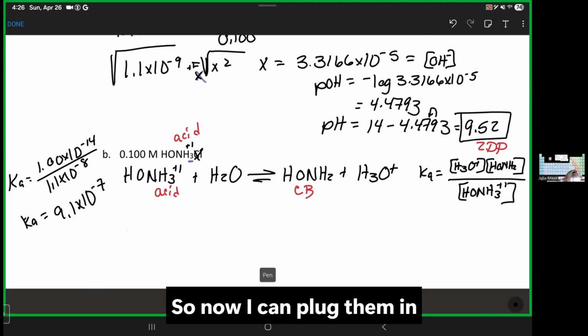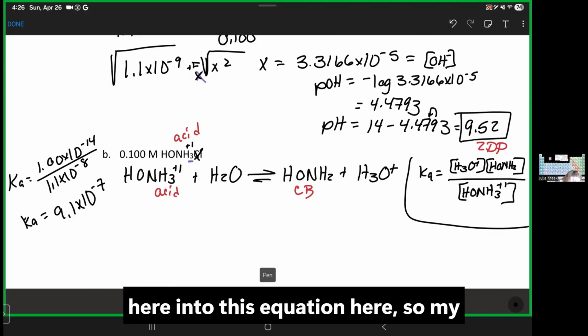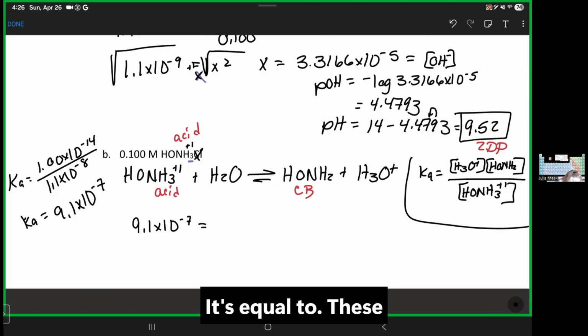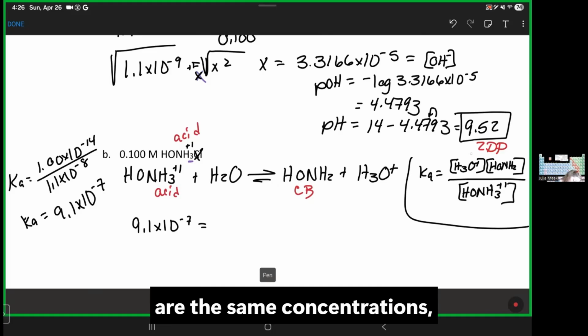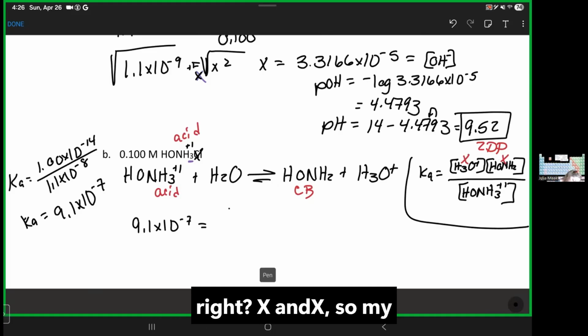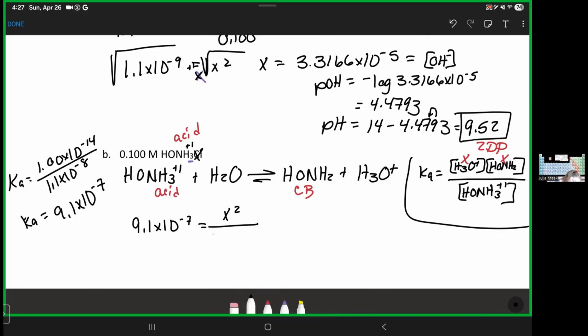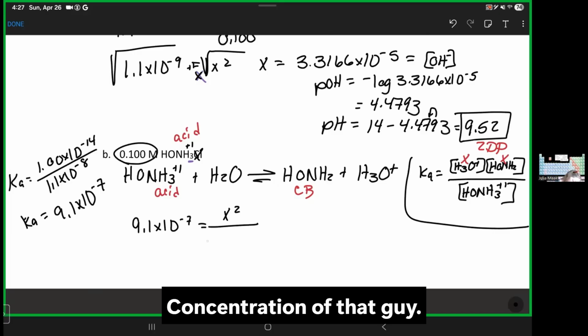So now I can plug them in here into this equation. So my Ka is equal to, these are the same concentrations, right? X and X. So my X squared over the concentration of that guy.